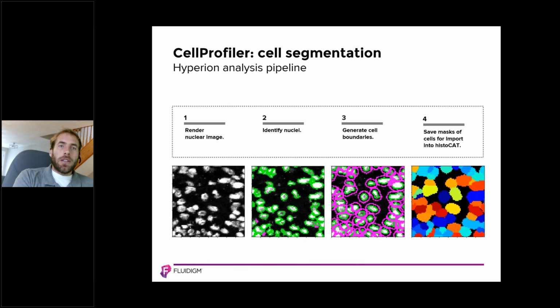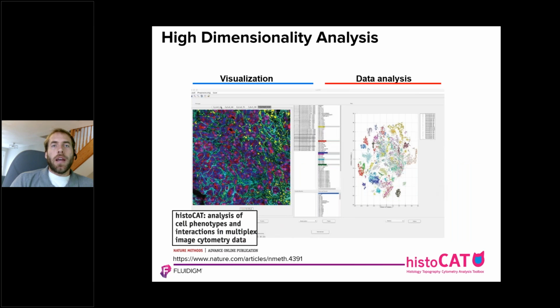Here you can see the CellProfiler analysis, right? You have your individual nuclei. People will then generally extrapolate to where the membrane is, or use a membrane marker to find it. From there, you can save that single-cell data for import into HistoCAT, right? Inside HistoCAT, you can do dimensional reduction and data analysis and identify different populations.